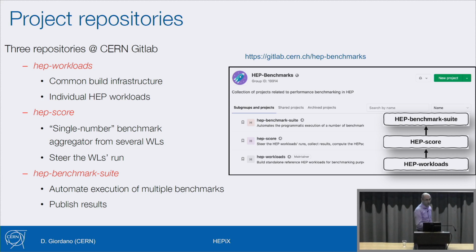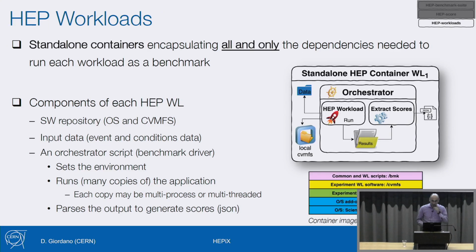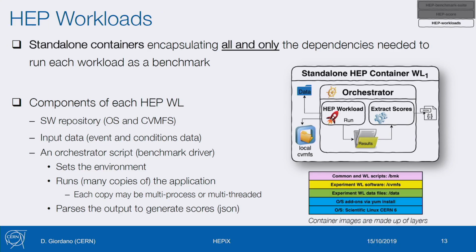And the benchmarking suite is a meta suite that enables the possibility to collect data in a unified way, to compare results even with HEPiX 6 and SPEC CPU 2017. So Chris will detail in the next talk all the aspects of the design and implementation, but here I want to sketch the main idea.